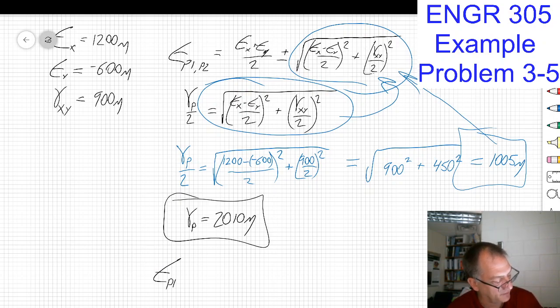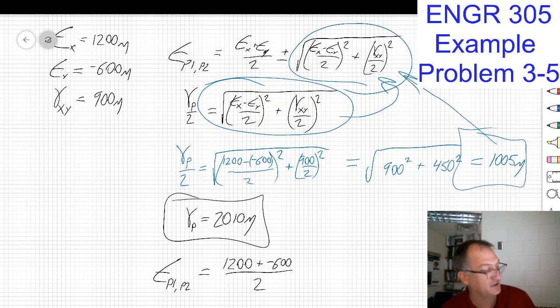The principal strains, P1 and P2, are equal to the strain in the x plus the strain in the y divided by 2, so 1200 plus a minus 600 divided by 2, plus or minus 1005, because that's what's underneath the radical.